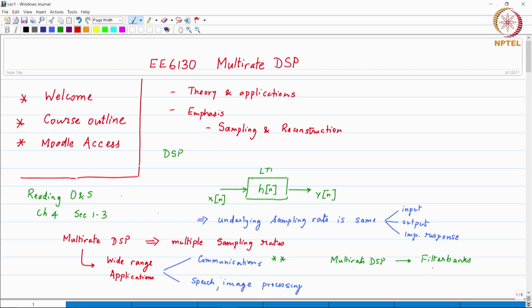It turns out that filter banks are a framework for us to understand OFDM, orthogonal frequency division multiplexing. This is a waveform that you see a lot in the 4G and the 5G cellular standards, and of course there is a communications viewpoint that OFDM is nothing but multi-tone transmission.